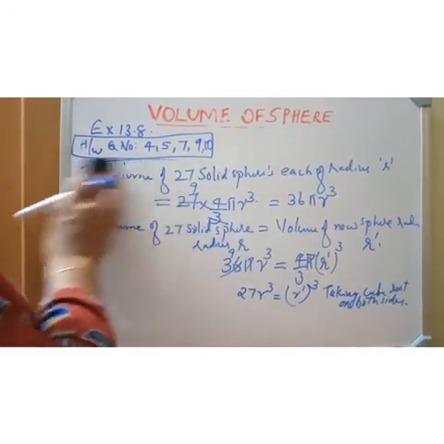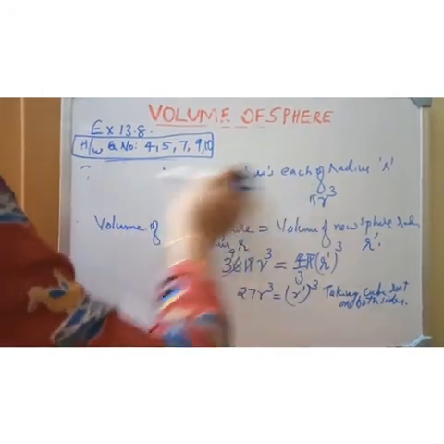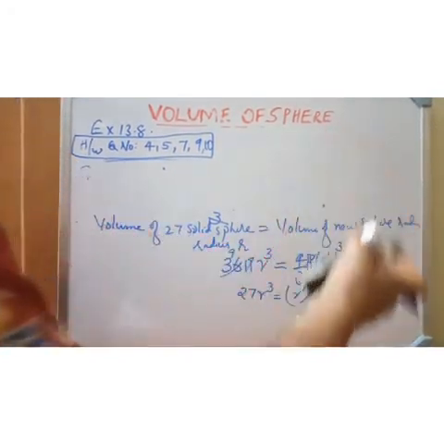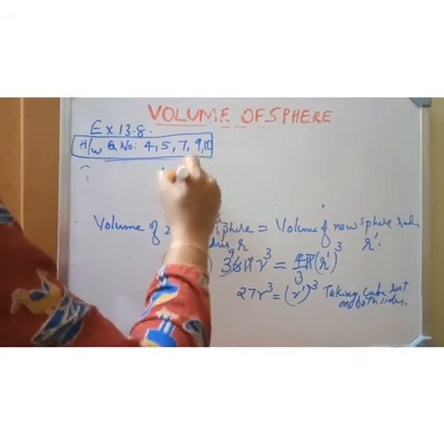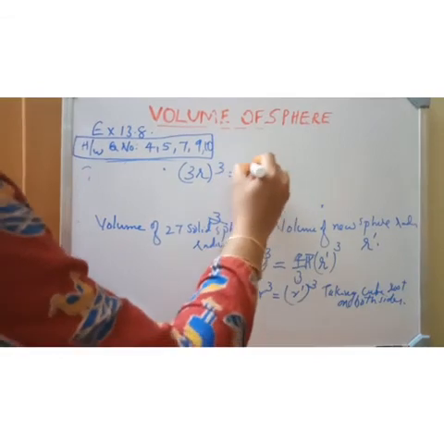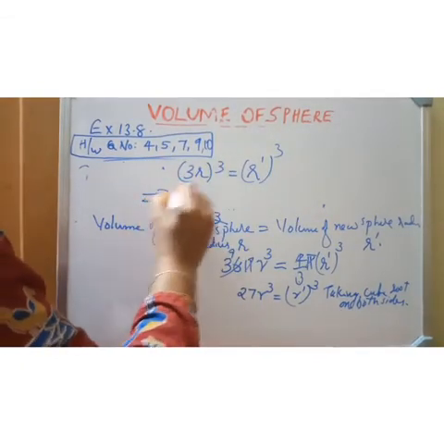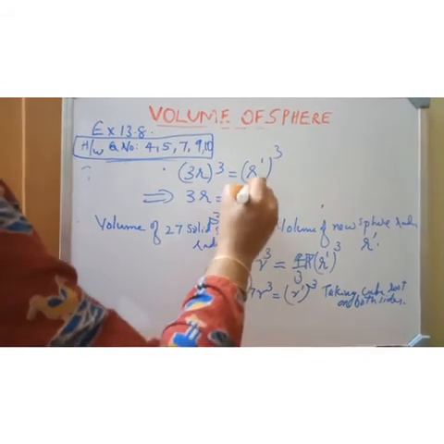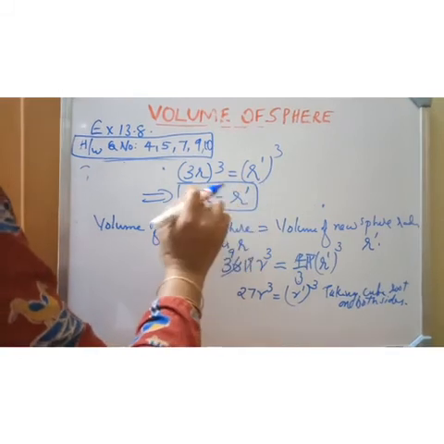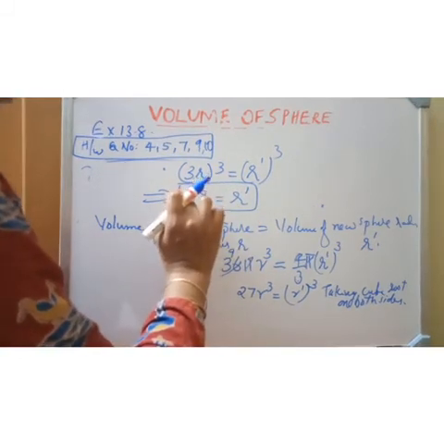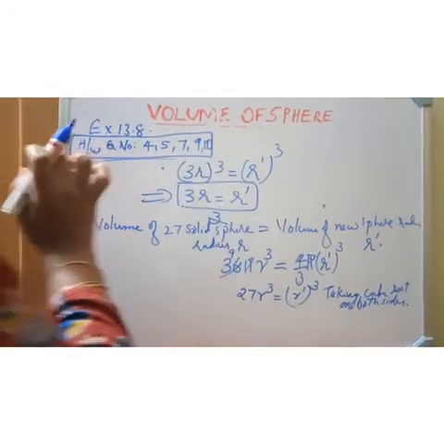So you will get 3r the whole cube is equal to r dash the whole cube. Taking cube root on both sides, we will get 3r equal to r dash. So the relation connecting the new radius and the old radius, for 27 cubes, we got the relation as 3r equal to r dash.